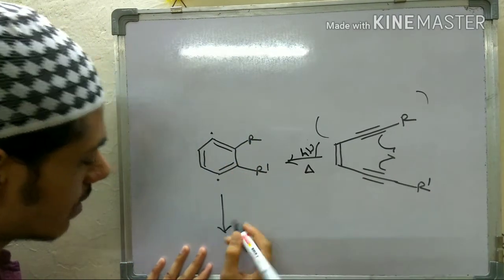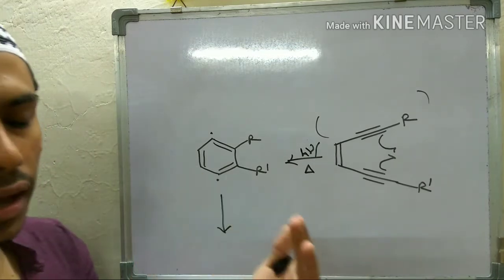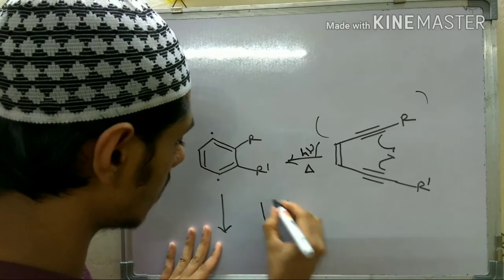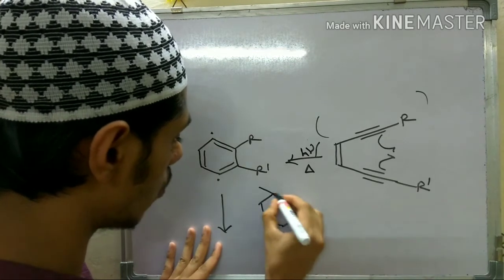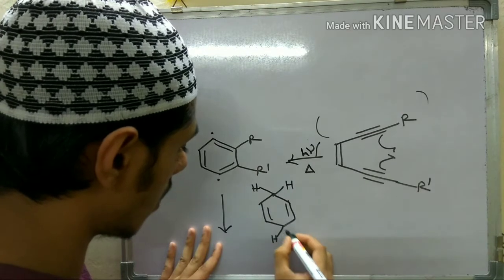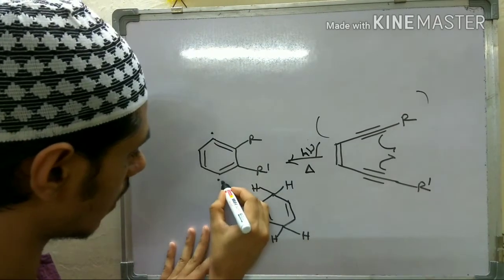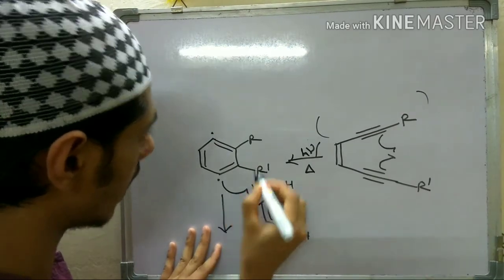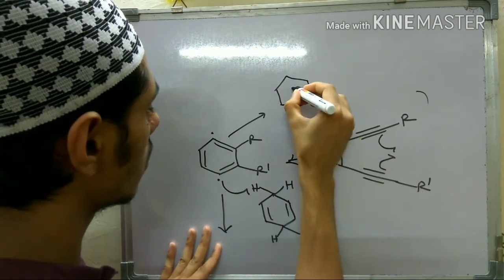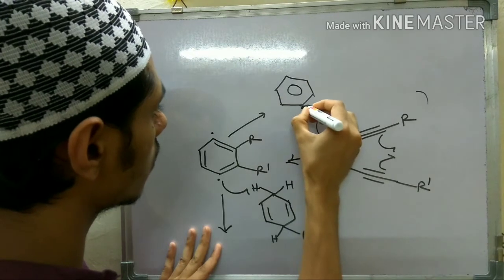Now in this reaction medium, an H dot source, that is an H radical source, is used, and that can be this compound. This is a quinoid derivative. You can see this is an H dot source. So this radical can take one H, so that will give you first this compound.